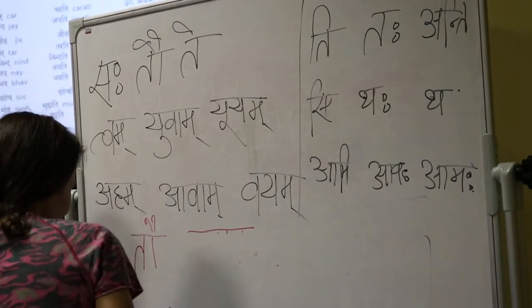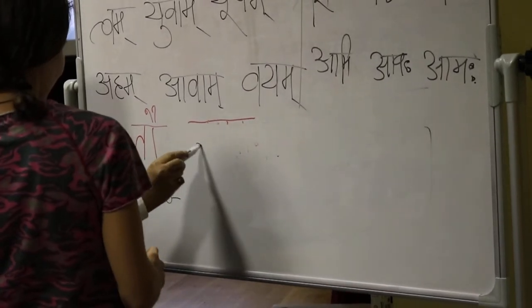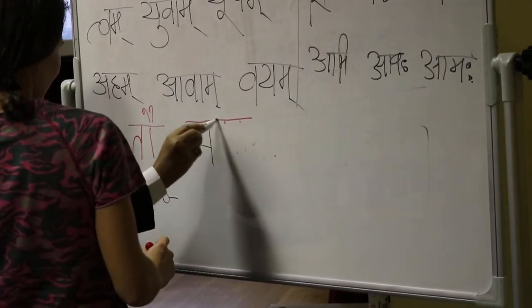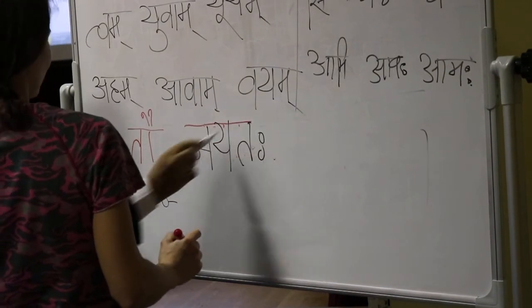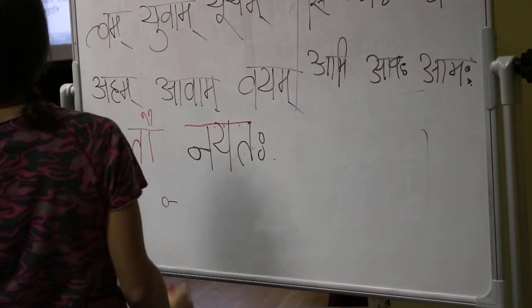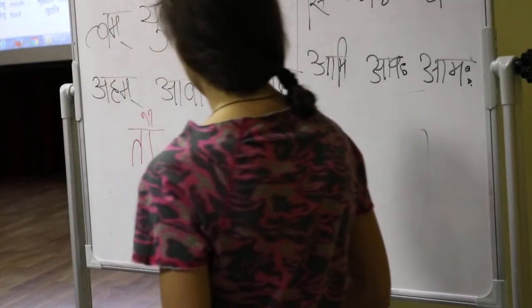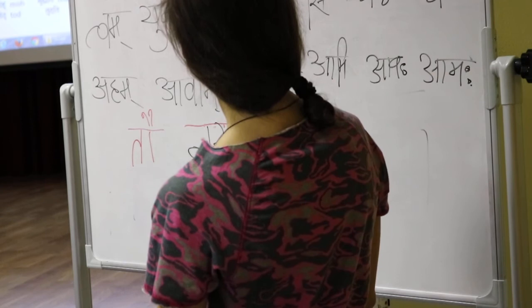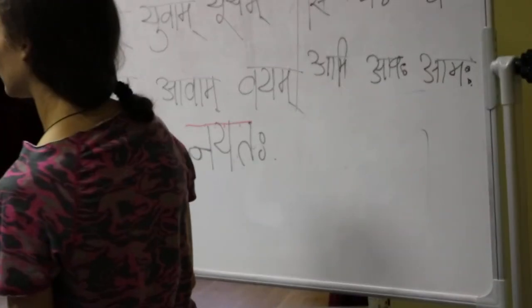Nayatah. You write na like this. That's not correct. You write na, ya, ta. Na is written like this. This is what I was telling you. Okay? Won't there be the halant? No, we won't have it.